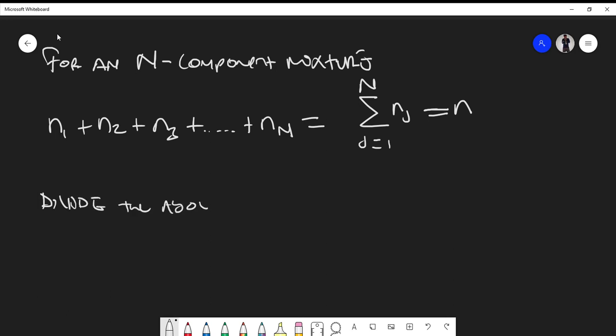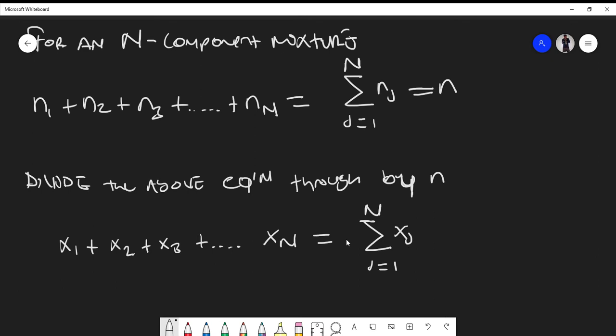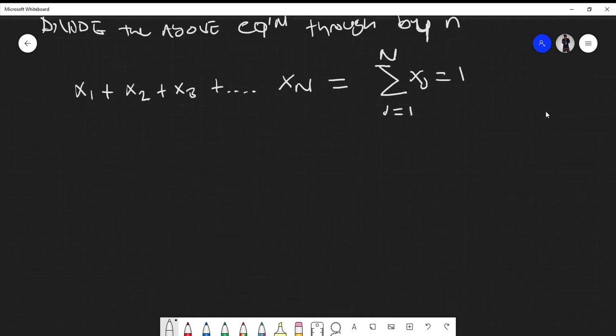If we divide the above equation, which is what we have here, through by n, this is what we get: x1 plus x2 plus x3 all the way up to xn is equal to the summation where j is equal to 1 to n of xj, which is equal to 1. So it's a nifty little trick that we did right there.